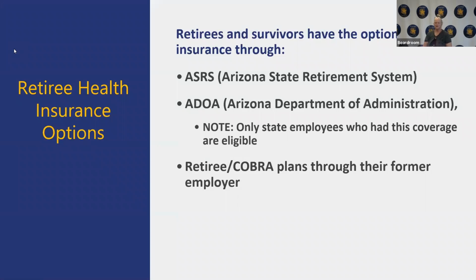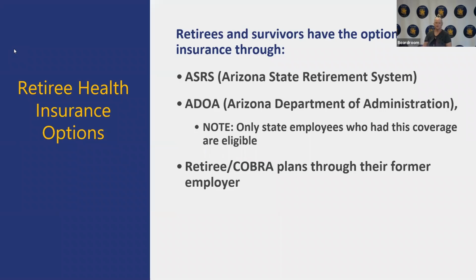For those of you who are new to the subsidy game, basically retirees and survivors have the option with our retirement system for a subsidy that is meant to help subsidize the cost of their insurance.